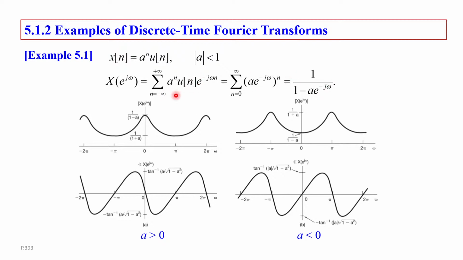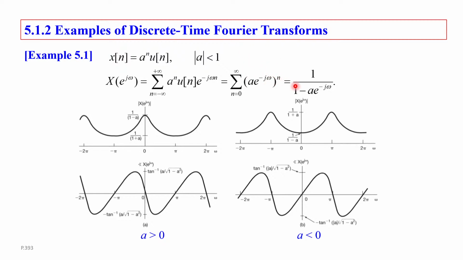So u of n will cut your summation to n from 0, and you have a to the n and e to the minus j omega n. And that's just a times e to the minus j omega, to the nth power.